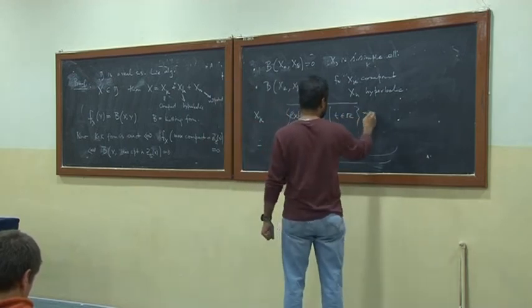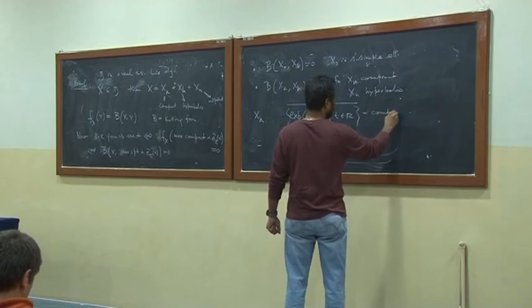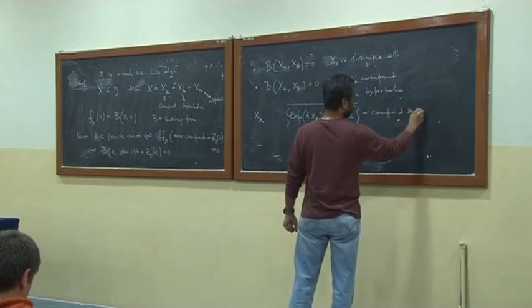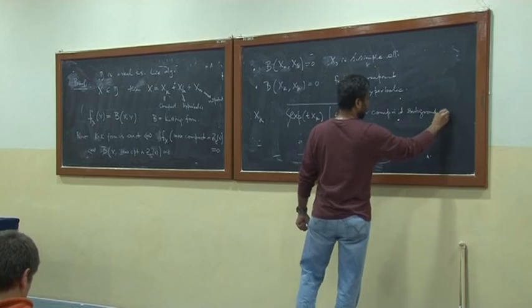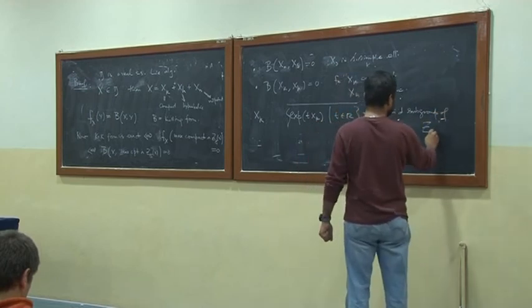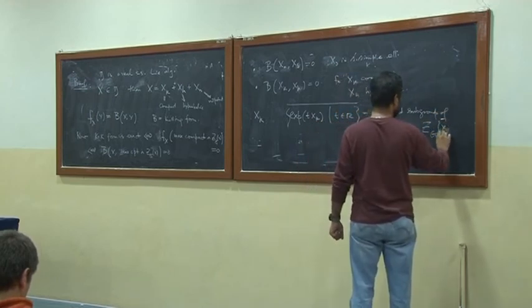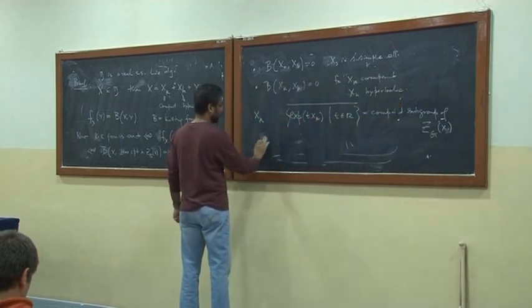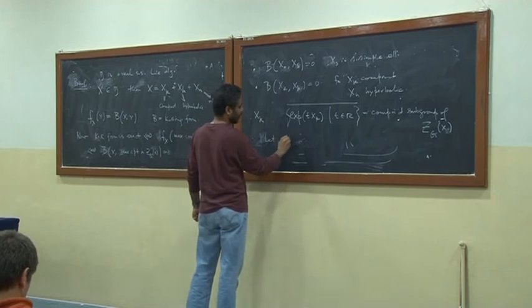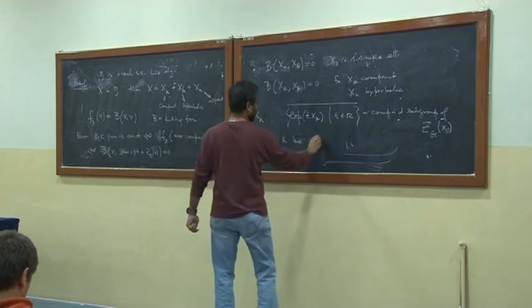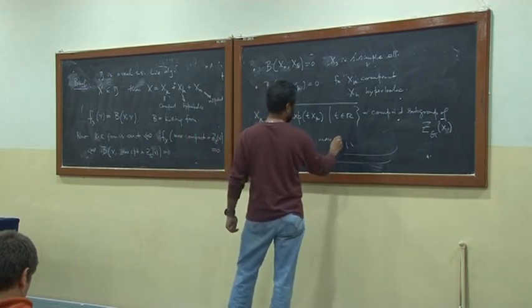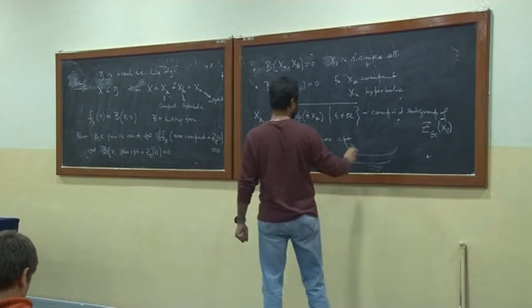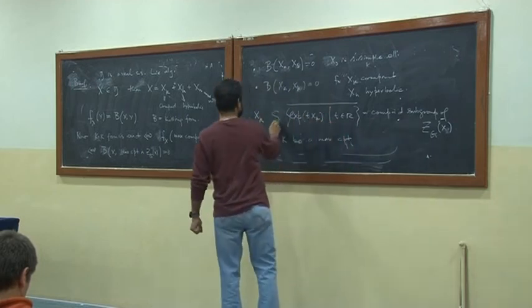This is going to be a compact subgroup for x_k, and choose a maximal compact K containing it, let's call this S.